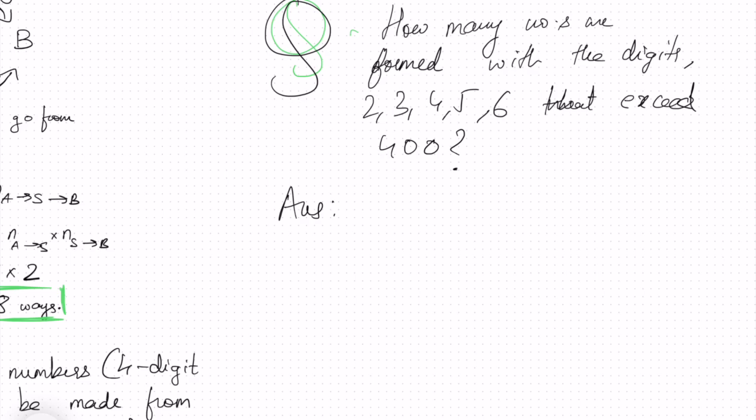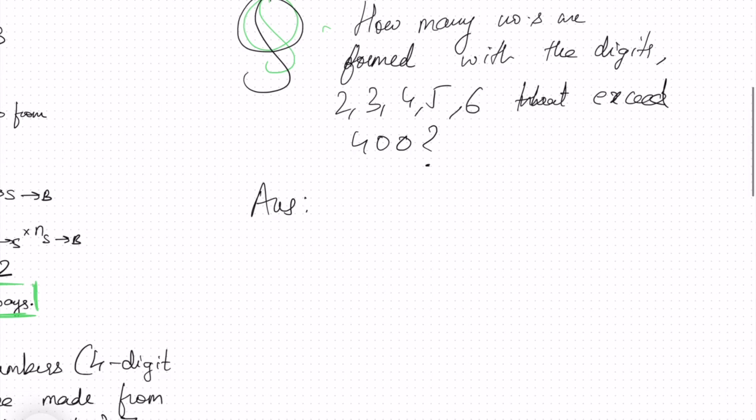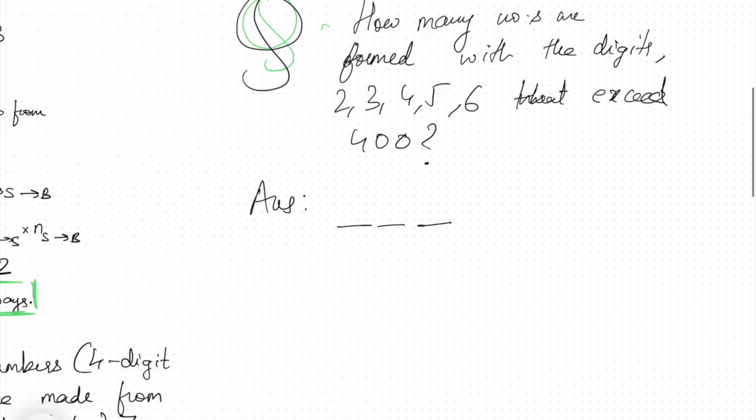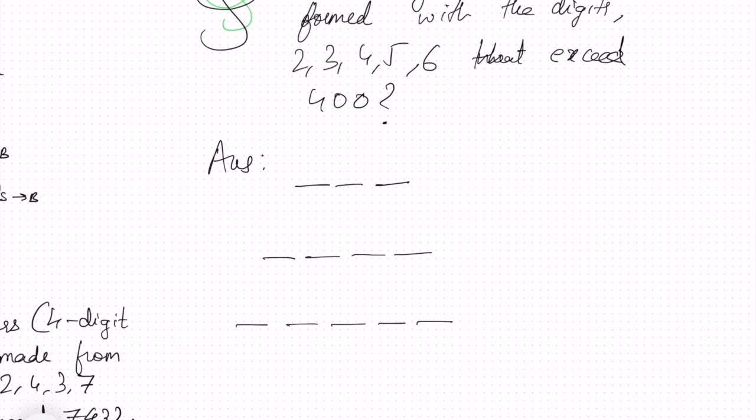So there's no restriction on how many digits are in the number, which means we must count all the possibilities. The possibilities are a 3-digit number, 4-digit number, or 5-digit number, because the maximum number of digits is 5.